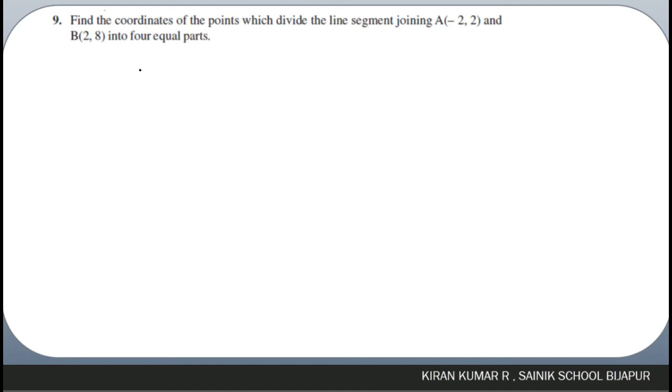Remember that if I consider the line segment AB, say A minus 2 comma 2, B 2 comma 8, if I want to have 4 equal parts, there are 3 points which make 4 parts equal. So each part will be 1:1:1.